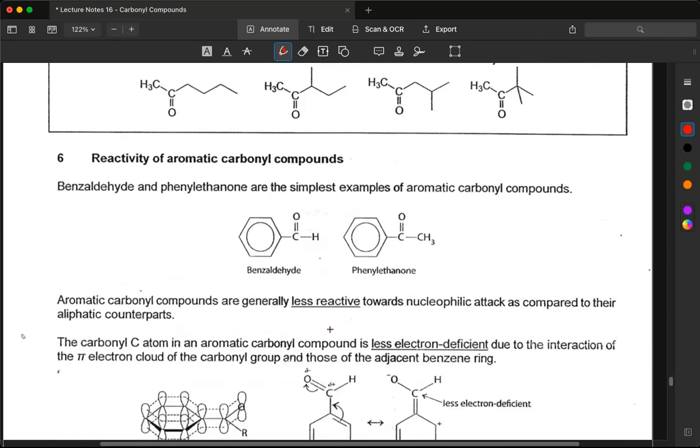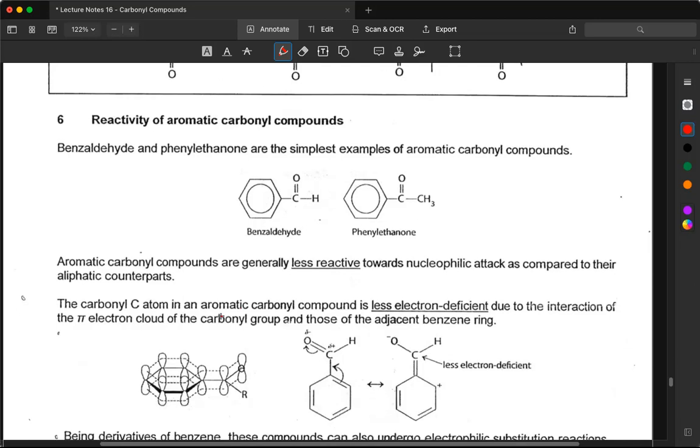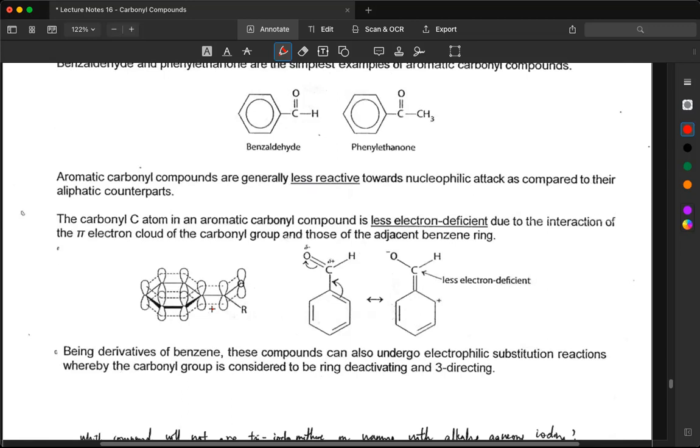Benzaldehyde and phenylethanone are the simplest examples of aromatic carbonyl compounds. Aromatic carbonyl compounds in general are less reactive towards nucleophilic attack compared to the aliphatic counterparts. This is because the carbonyl C atom in the aromatic carbonyl compound is less electron deficient due to the interaction of the pi electron cloud of the carbonyl group and the adjacent benzene ring.